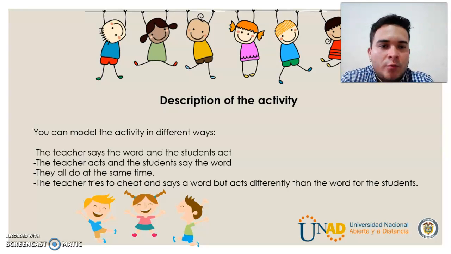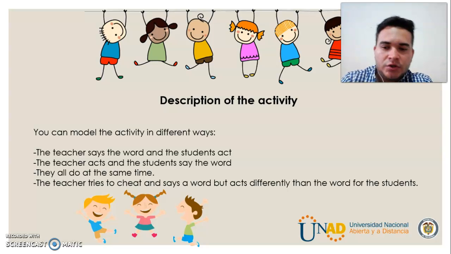What other ways are there to do this activity? We can model this activity in different ways. For example, the teacher says the word and the students act, or the teacher acts and the students say the word, or they all do it at the same time, students and teacher.